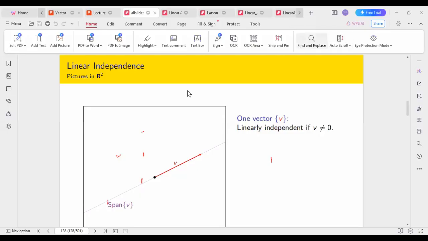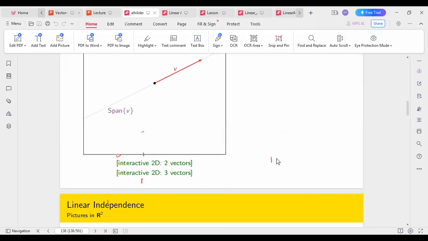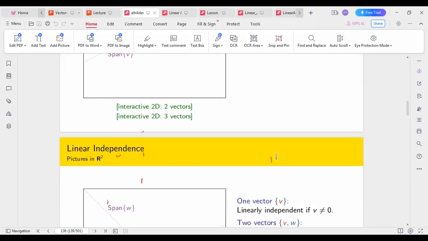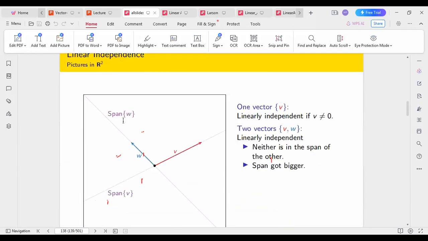Now the linear independence in R2 space, the vectors in the span of B can be written like this. So one vector B is linearly independent if B is not equal to 0, and two vectors B, W are linearly independent if neither is in the span of the other and the span got bigger.